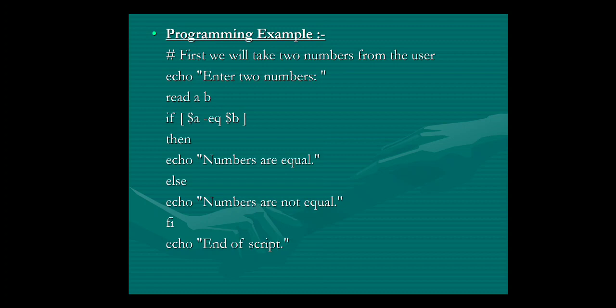Now in the third line I have written the expression $a -eq $b. If the values of both variables a and b are the same, then the condition becomes true and the if block will be run, otherwise the else block will be run. And we will end this script through an echo message.